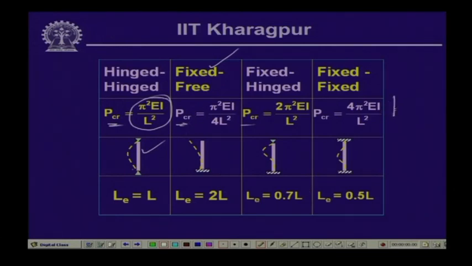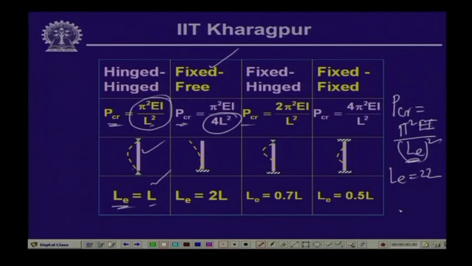Now, let me call that P critical is equal to pi square E I over L E square. Let me call this L E the equivalent length. So, when it is L square, L E is equal to L. When it is 4 L square, L E is basically twice L. So, that is what is indicated over here.